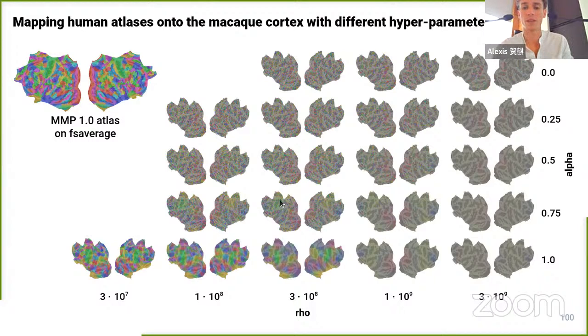Most of the ones over there are green, like what's happening in the motor cortex of the human brain. So at the global scale, the big parts of the brain have been preserved, and then locally there are swaps between vertices, which is one of the properties that we wanted to have in the first place.